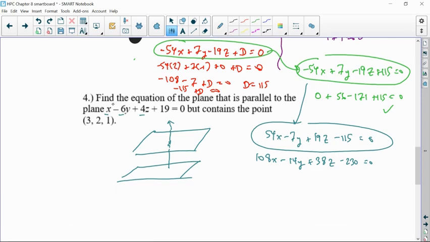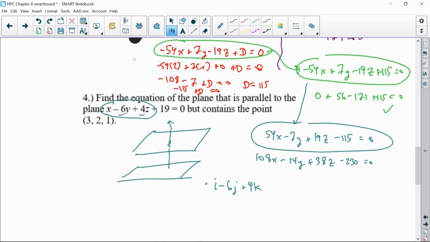So the first thing I'm going to do is extract these coefficients and make it a vector. So now we're in the language of I, J, and K. And again, not joking, that's the first thing that pops into my head when I say I, J, K. So I picked out 1 and a -6 and a 4.